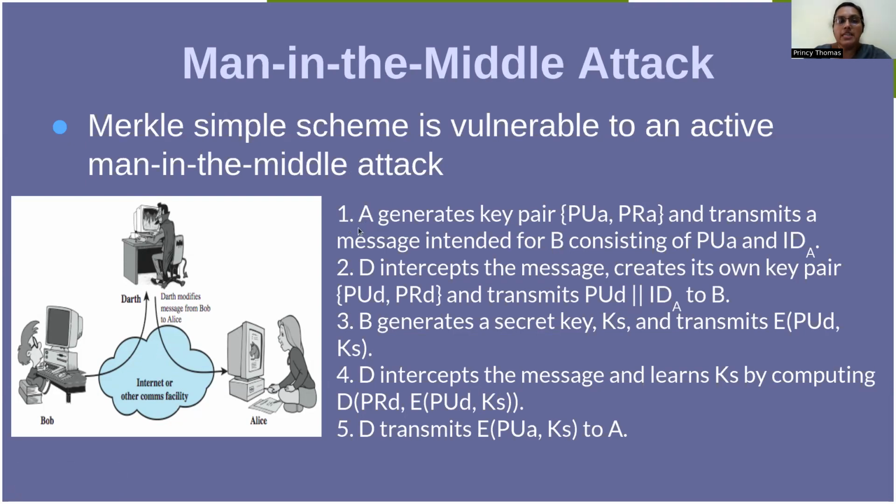We saw already that A generates his own private key and public key, PUA, and transmits a message intended for B, because B needs to get A's public key. So he sends the public key of A and his own identity.